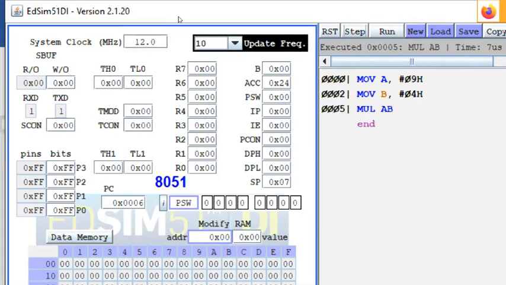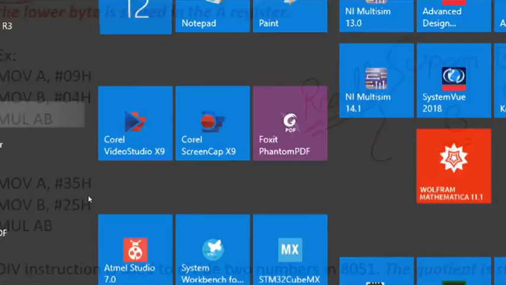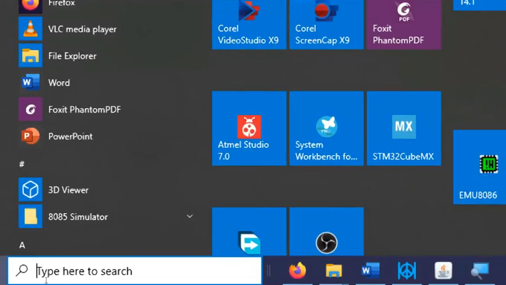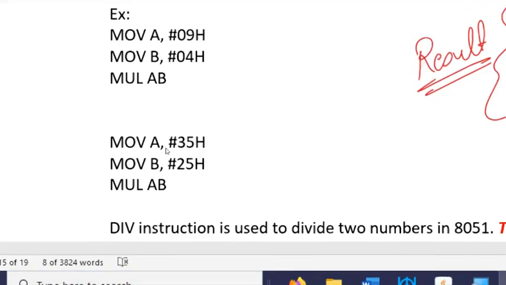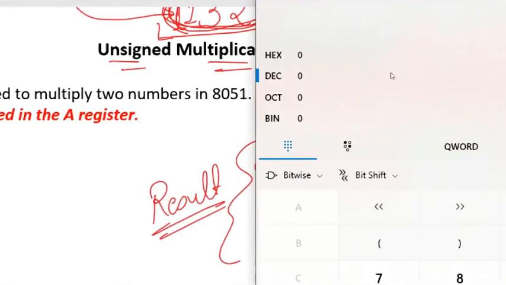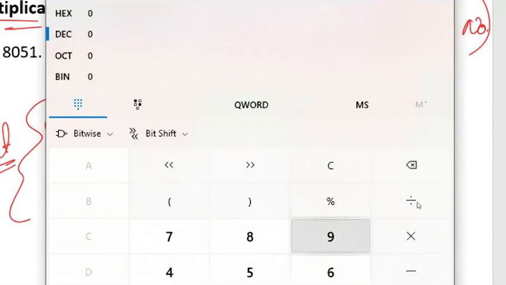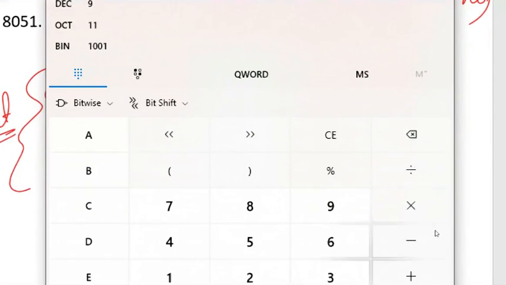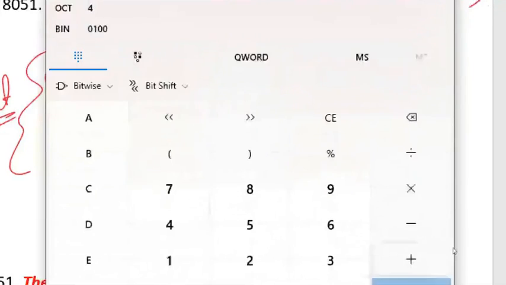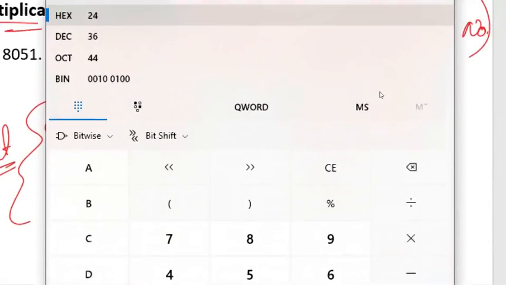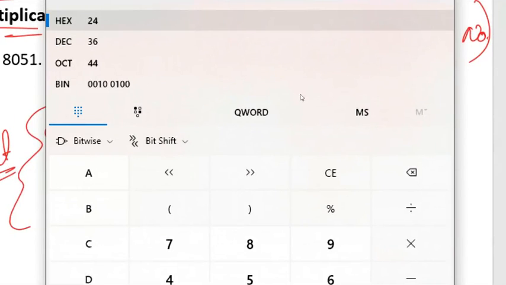Okay, so 9 into 4, if I go to the calculator and take the hexadecimal value, 9 into 4 is not 36 because we are multiplying two hexadecimal numbers. So I am working with hexadecimal numbers. So you got hexadecimal value 24 in the result. Therefore the answer is actually 0024.